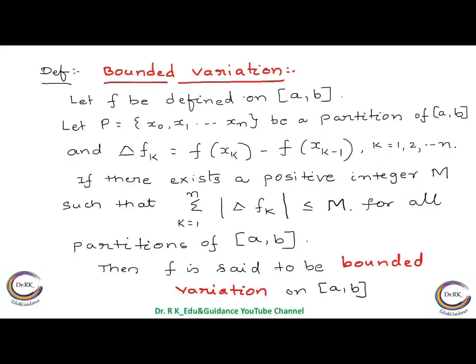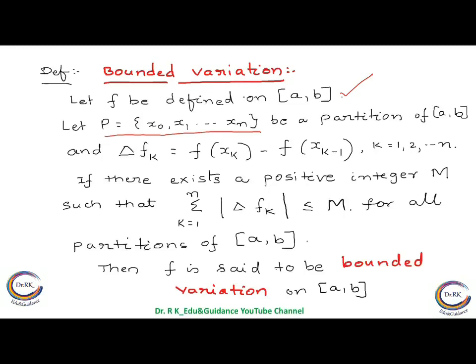There are many definitions and properties related to this concept. Let us see one definition, that is, let f be a function defined on the closed interval ab. And on ab, let us take a partition, that is P, that is x0, x1, so on, xn.